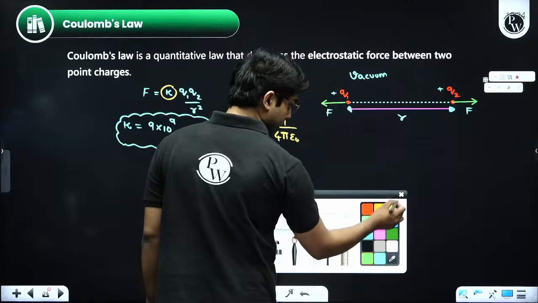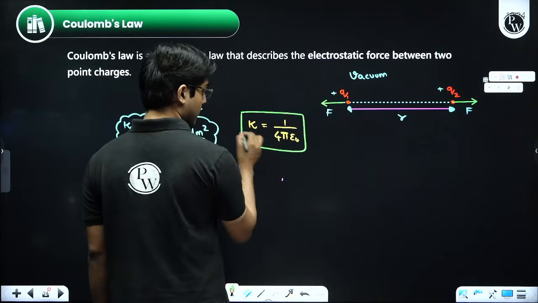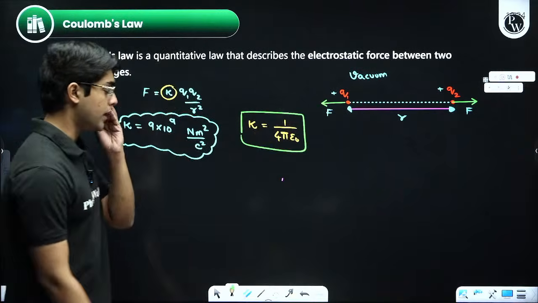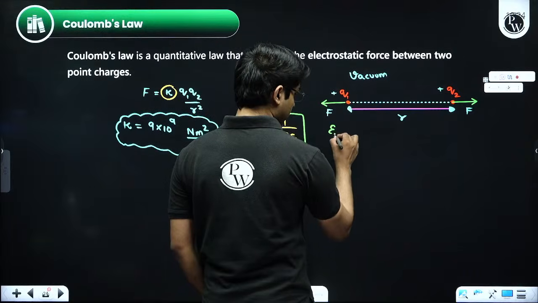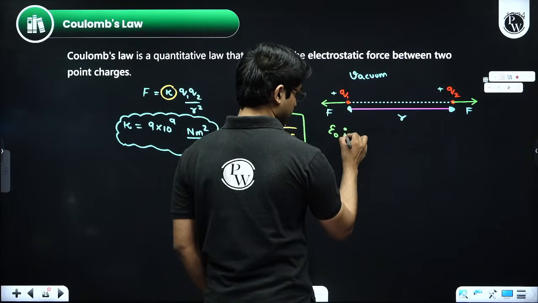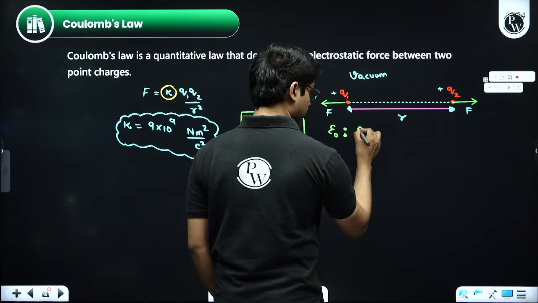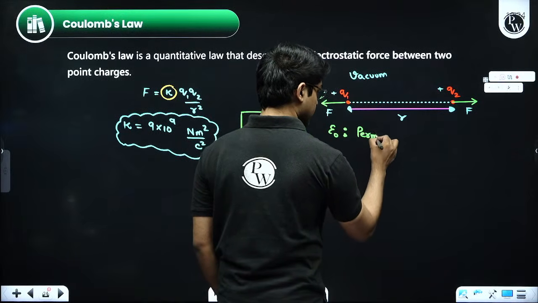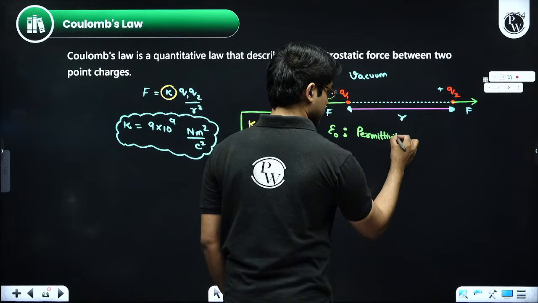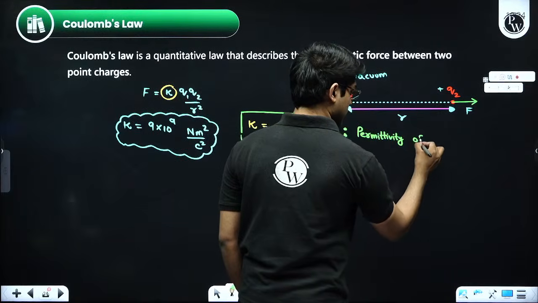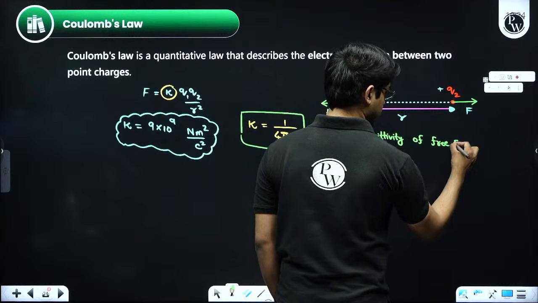So just to keep in mind, K can also be written in terms of other constants like this, 4 pi epsilon naught, and this constant epsilon naught has another name to it. There are a few things to remember here. The epsilon naught constant is also known as the permittivity of free space.